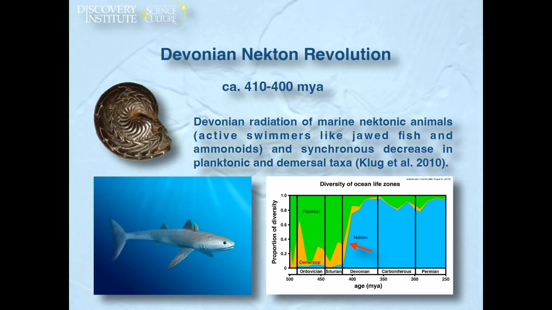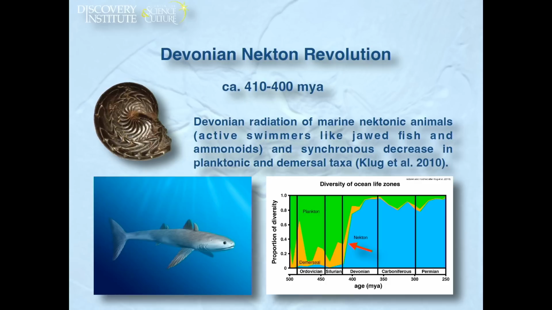Or you can drift passively in the water column, that is called planktonic way of life, that is green. And you can be an active swimmer like fish or cephalopods, that would be the blue part. So here you have the time axis, here you have the biodiversity, and you see you have a sudden reversal, basically, of the marine ecosystems.